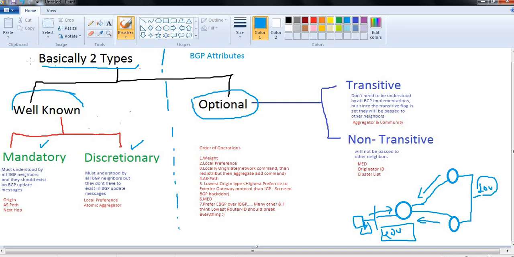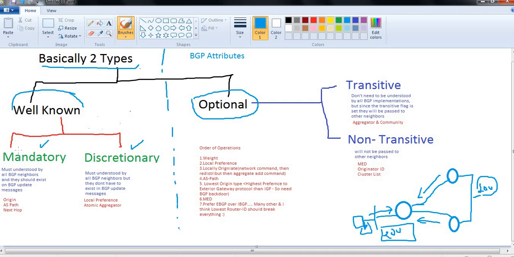So far I believe you have understood there are two types of attributes, well-known and optional. In the well-known, we again have two categories: well-known mandatory attributes and well-known discretionary attributes. Well-known attributes are the attributes which must be understood by all BGP neighbors, and they should exist in BGP update messages.